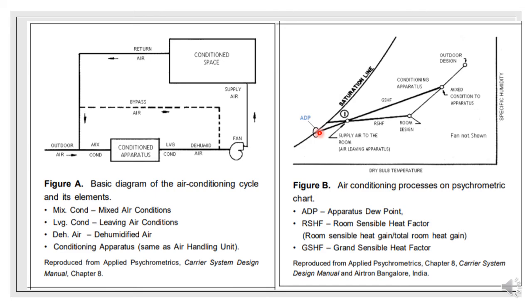Okay, and the RSHF is calculated and transferred, so you can use a protractor or use the sensible heat scale like I showed you previously, which is situated on the top left in the psychrometric chart.